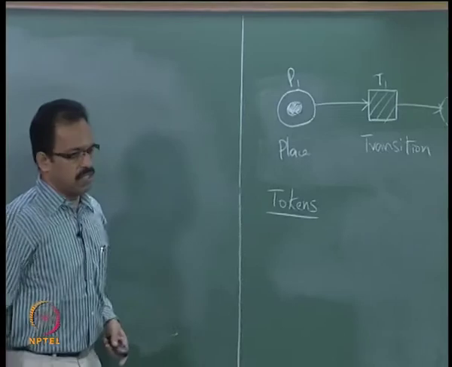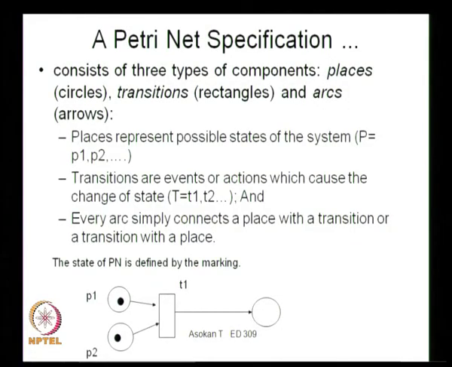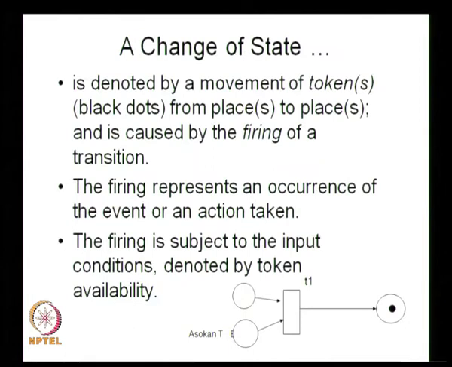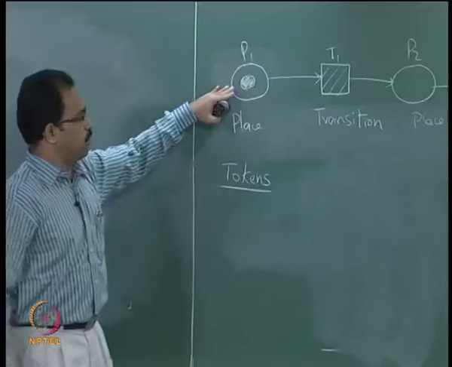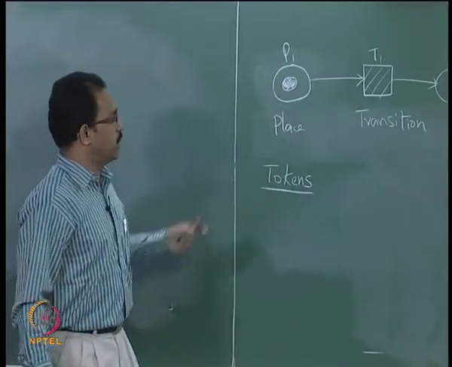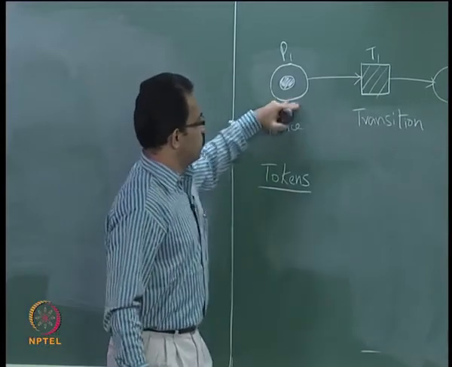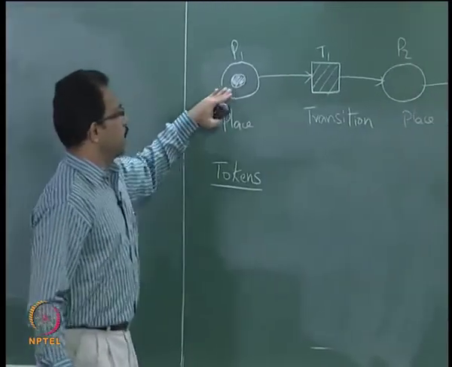So the tokens represent the status. The state of a particular place is shown by the token, and change of state is denoted by the transfer of tokens. So when this state is changed to this one, it shows the transfer of this token.